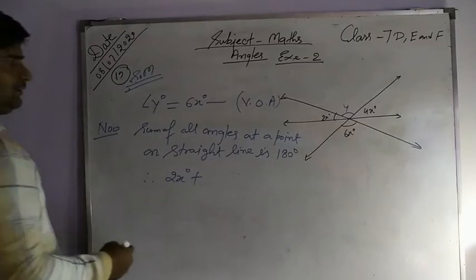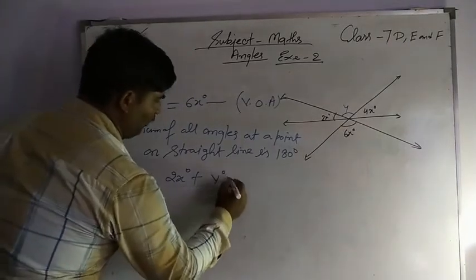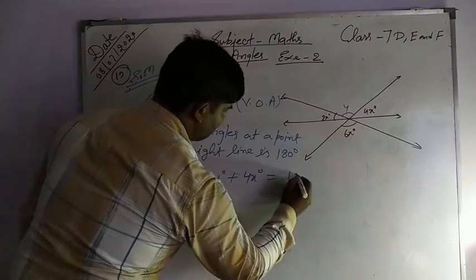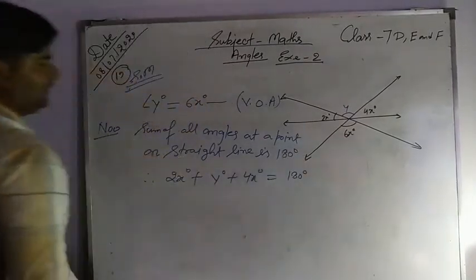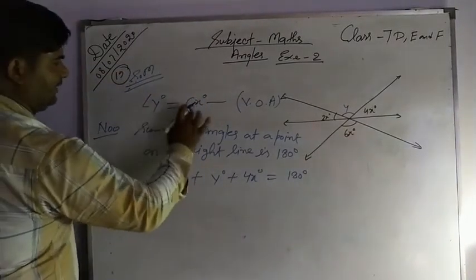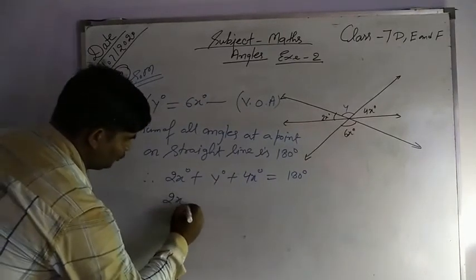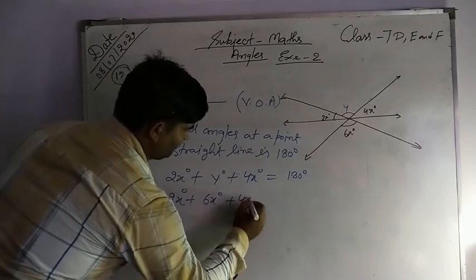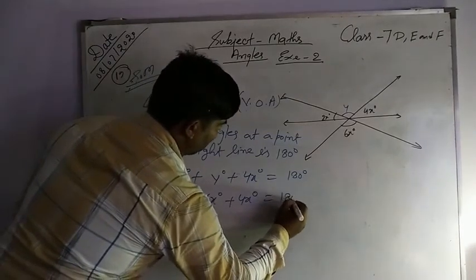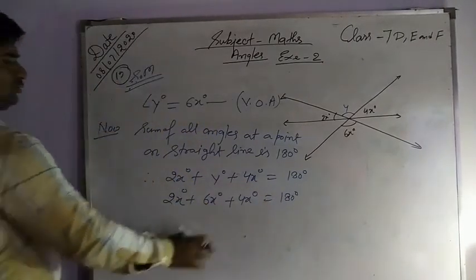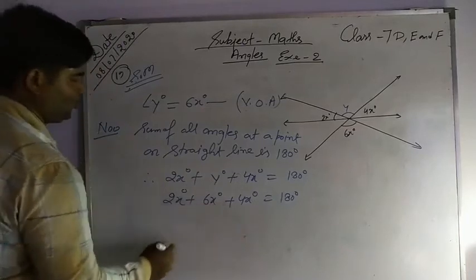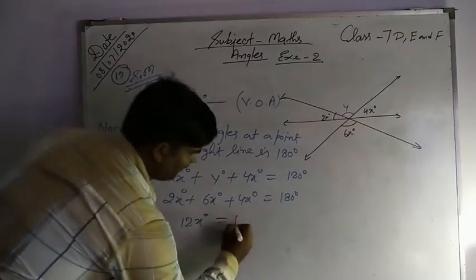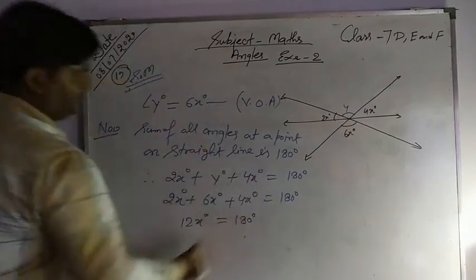2x degree plus y degree plus 4x degree is equal to 180. Now we substitute the value of y, which is 6x, then 2x degree plus 6x degree plus 4x degree is equal to 180 degree. Now 6 plus 4 is 10 plus 2 is 12x, so it gives 12x is equal to 180 degree.